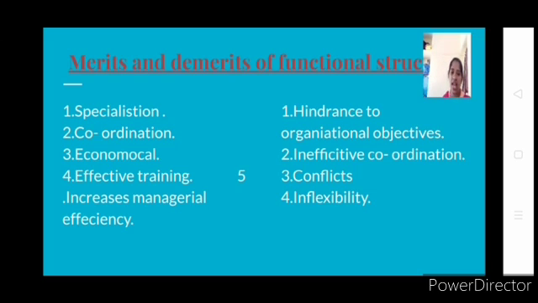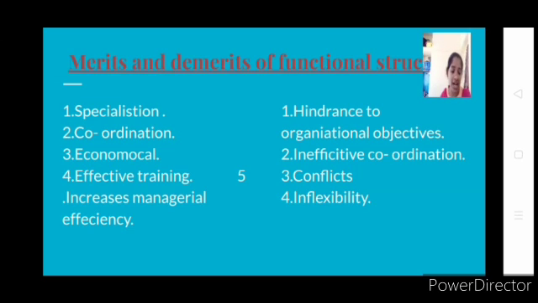Apart from merits, we have demerits for this too. The demerits of your functional structure are like this: hindrance to organizational objectives, ineffective coordination, conflicts and inflexibility. So the first and foremost point says that if you adopt a functional organization structure for your business, it becomes difficult to achieve organizational objectives.